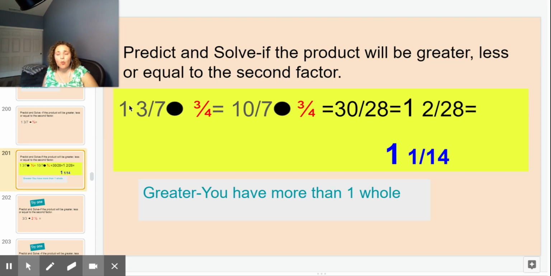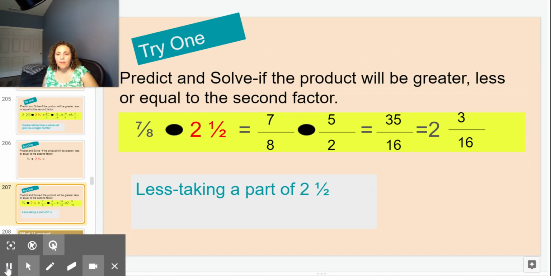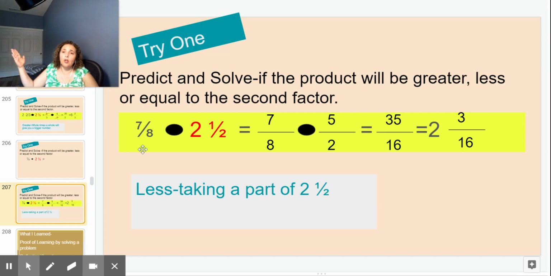In the other one, we were comparing it to the bigger fraction, and in this one we're comparing it to the smaller fraction. That's why this one was greater. See, in this case, we were comparing it to the 2.5. That's why it was less. We weren't comparing it to the 7/8. If we were comparing to the 7/8, then it would have been greater. So it depends on which fraction you are comparing it to. So you've got to pay attention to that.